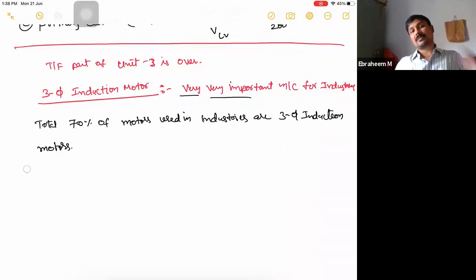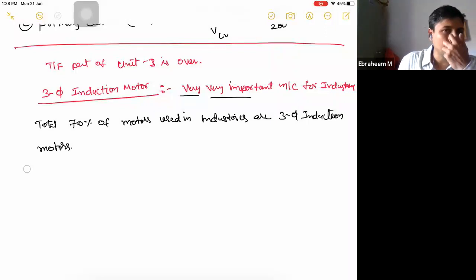For example, if in a big industry there are 100 motors, out of these 100 motors you will have 70 three-phase induction motors. The remaining are DC motors or other types of AC motors. So that is the importance of the induction motor.